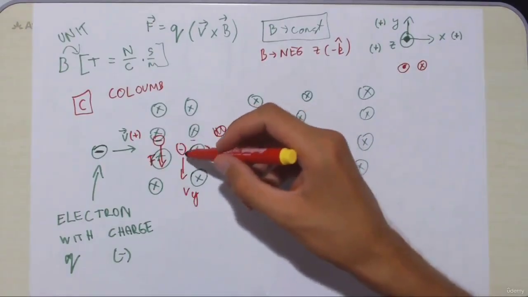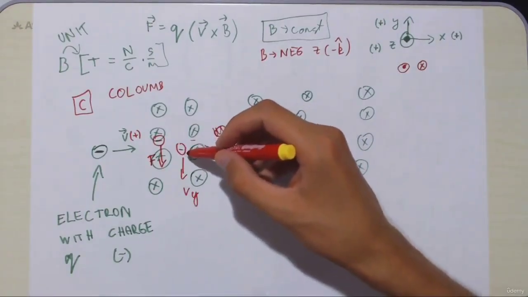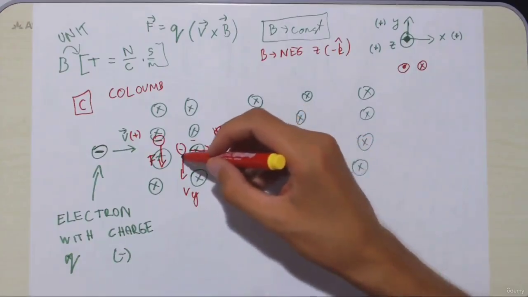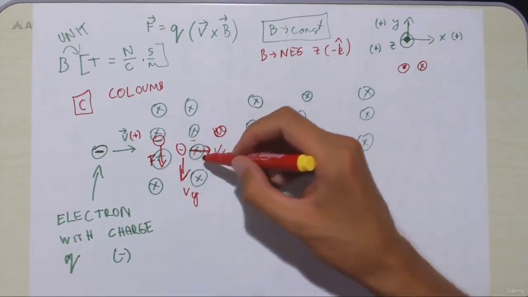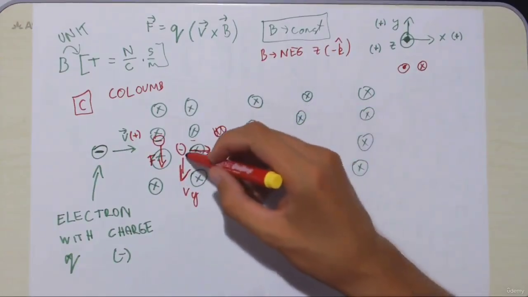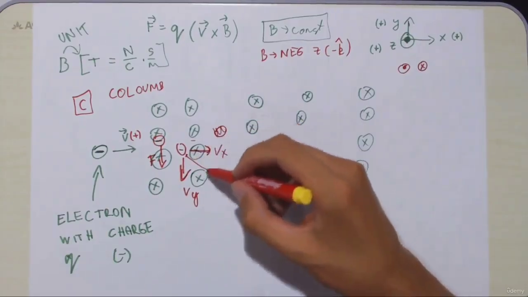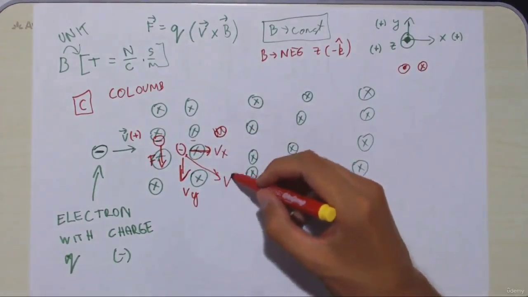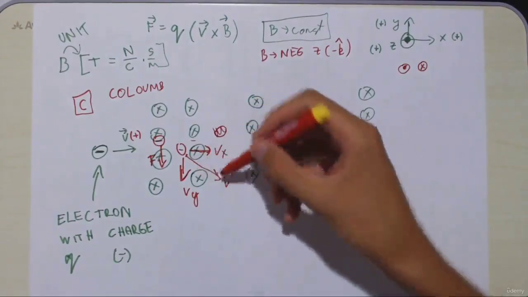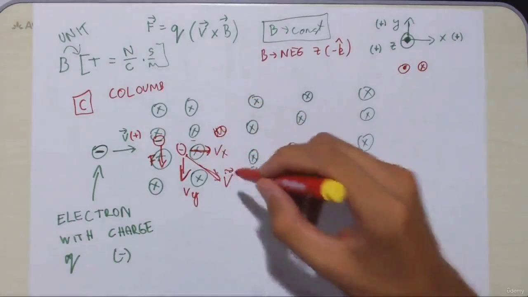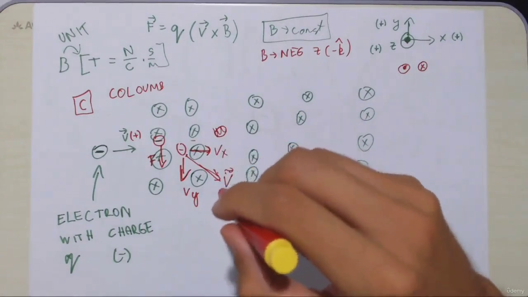The force has pulled the electron down, so it still goes forward, but it has also moved down. So now the velocity vector, the magnitude of those two components, will give you a vector in this direction. So now you have the new velocity in this direction, but the magnetic field is still down.